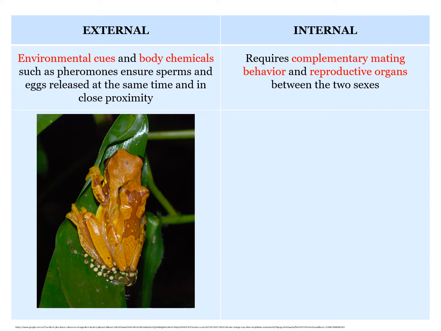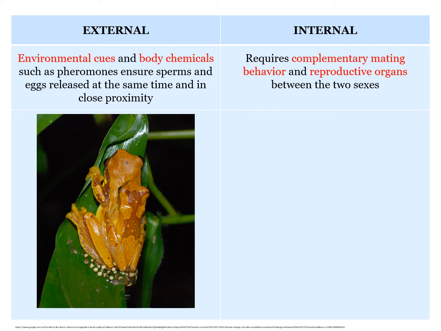Therefore, animals in this category need to send signals to the other receptive mate, such as by releasing pheromones. Once both male and female are in the same place and at the same time, eggs and sperms are released out.